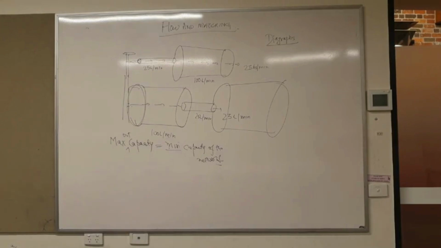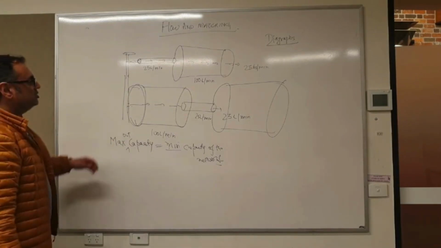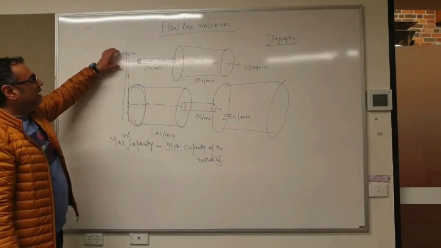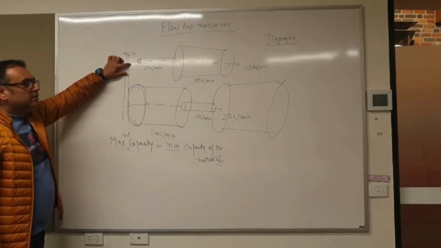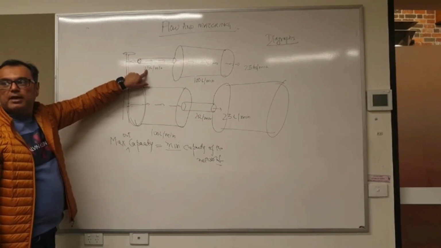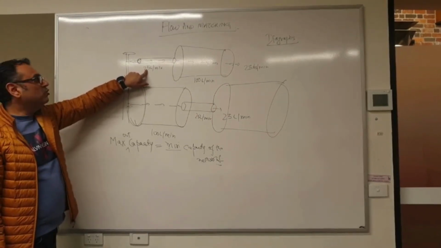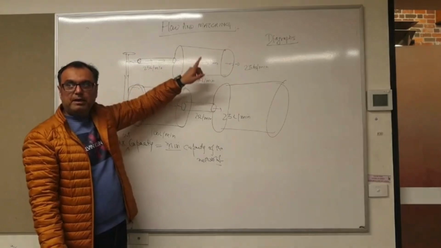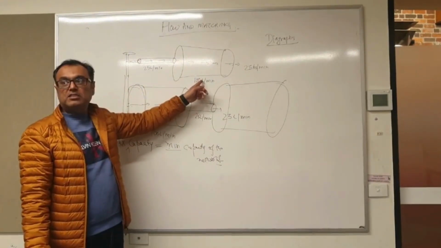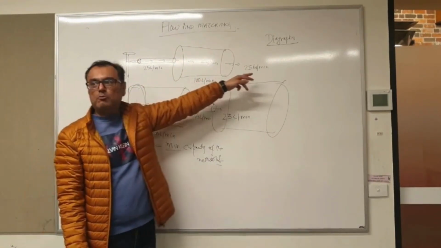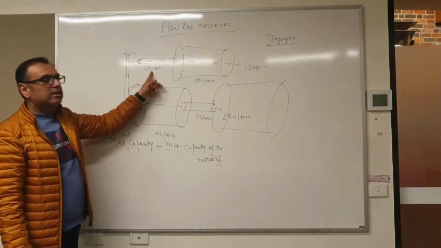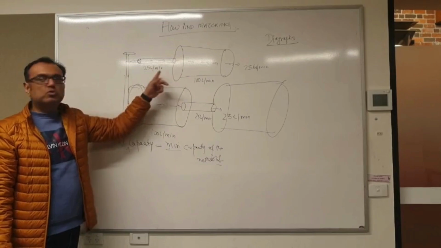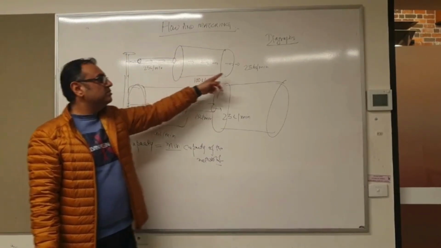So what we're trying to say here is that if you have a tap which is pushing water through this pipe, and this pipe is a small pipe and can only take a maximum of 25 liters a minute, and it's connected to another pipe which is a bigger capacity, 100 liters per minute, what will be the output? The output will be the minimum of the two, always.